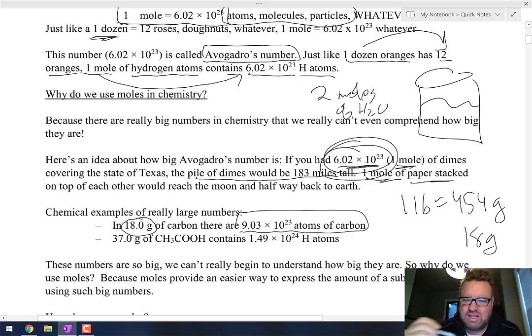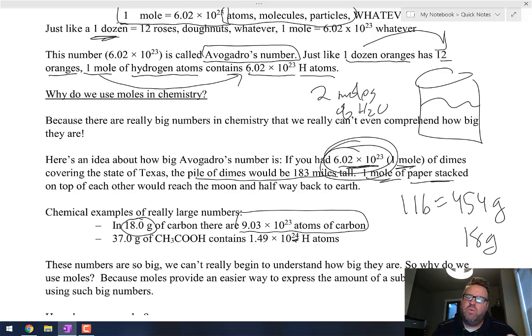That's a lot. If you have 37 grams of CH3COOH, that's going to contain 1.49 times 10 to the 24th hydrogen atoms. Again, some really, really big numbers. They're so big, we can't even really begin to comprehend how big they are.